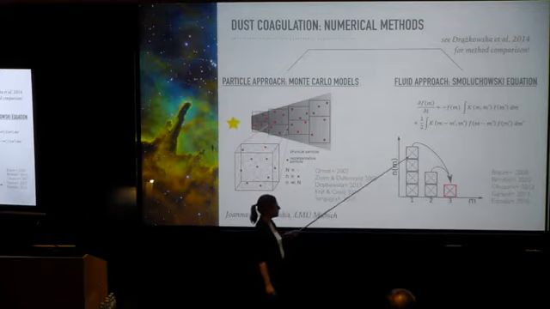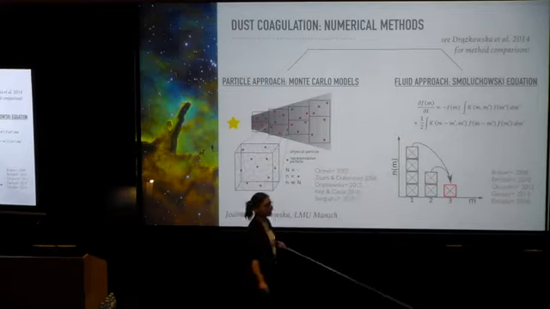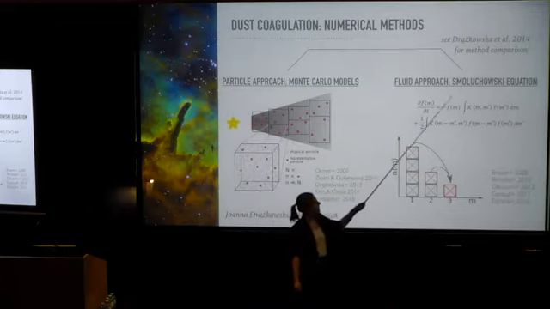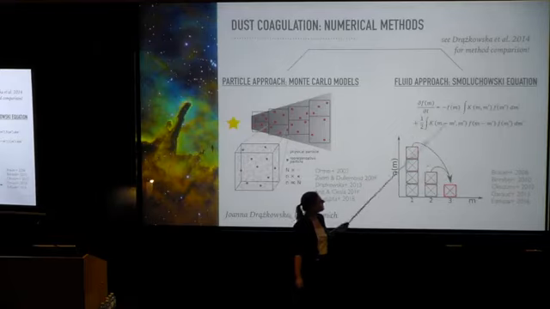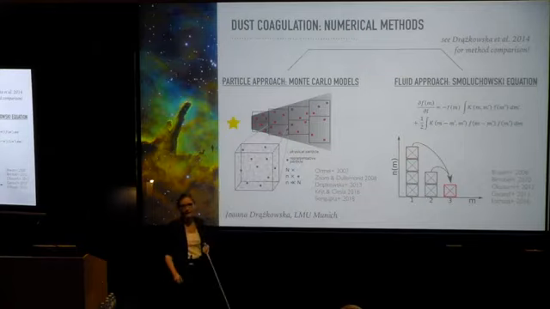And we need to shift the density of dust in between different mass bins. The way to know how much of the dust you need to shift is to solve the Smoluchowski equation, which here is just in its simplest form, only dependent on mass and only including collisions that lead to sticking.